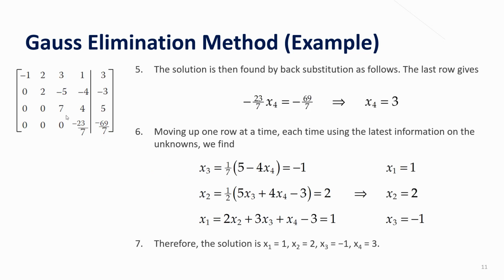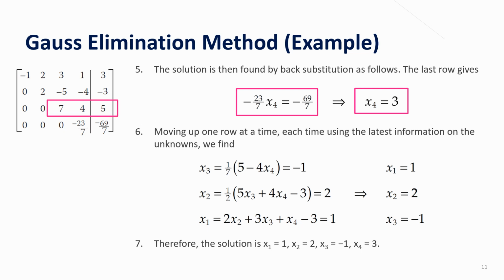After you get the value of x4, you substitute it back into the original equations, so x4 equals 3. Now you can move up to the upper equation, equation 3. You have the value of x4 equal to 3.